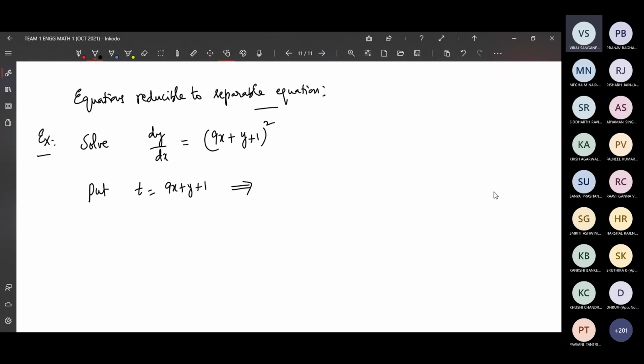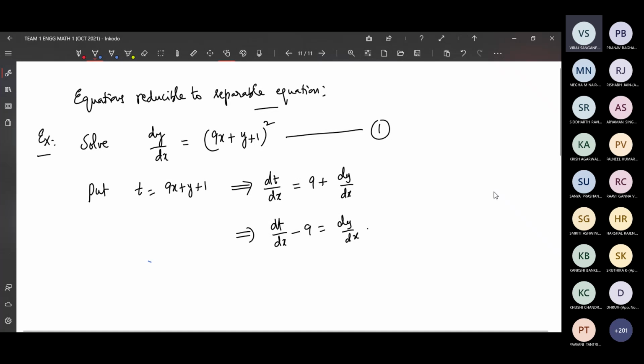So the derivative of t with respect to x gives you 9 plus dy by dx, so you can get rid of dy by dx by substituting dt by dx minus 9. If I name this as equation 1, dy by dx is replaced with dt by dx minus 9.